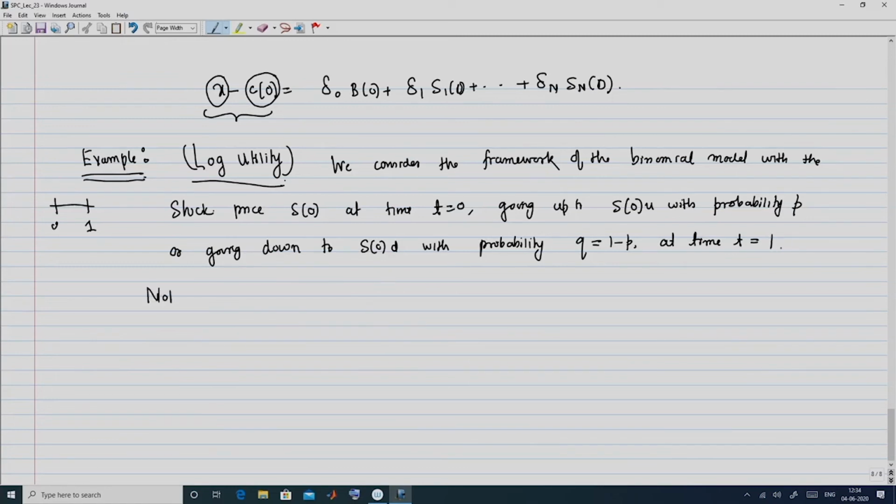Now, note that we have the restriction that d must be less than 1 plus r less than u.